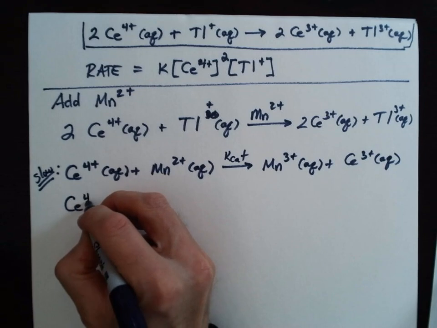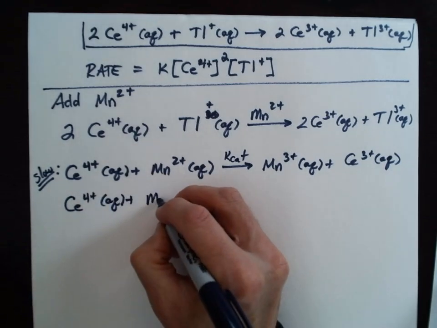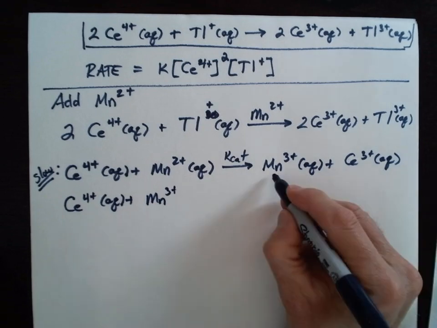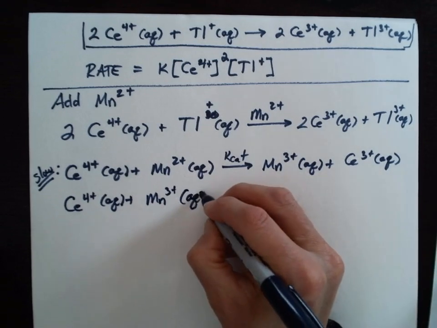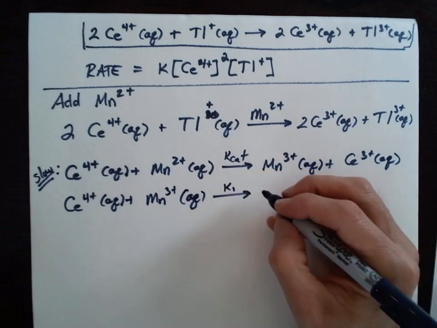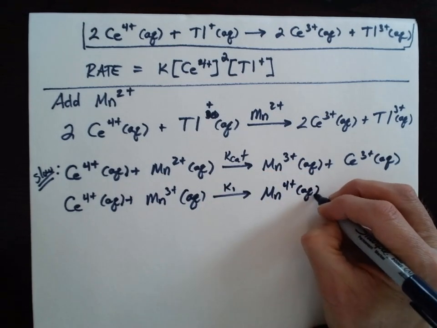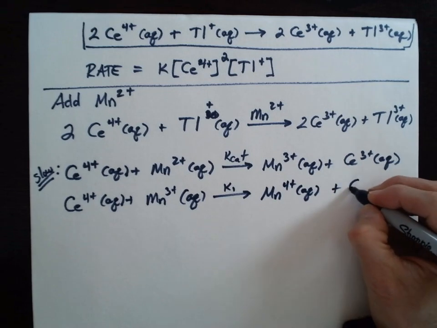A cerium 4 ion will react with a manganese 3 ion. The manganese 3 ion that formed, this will proceed at step we'll call K1, and that's going to form a manganese 4 ion and a cerium 3 ion.